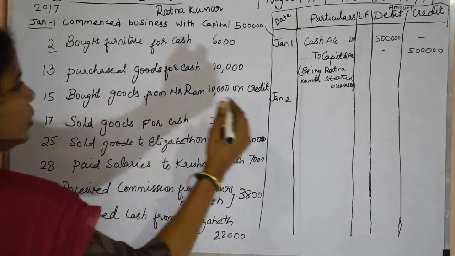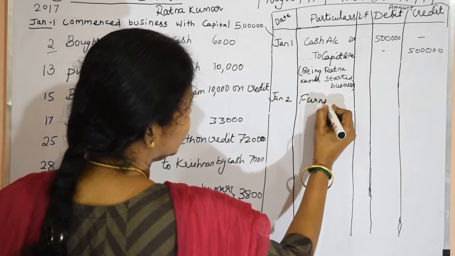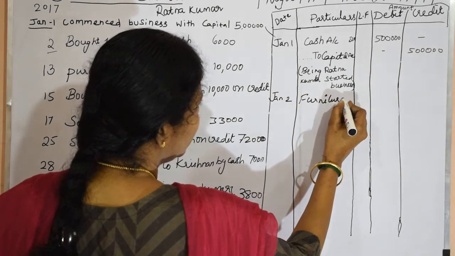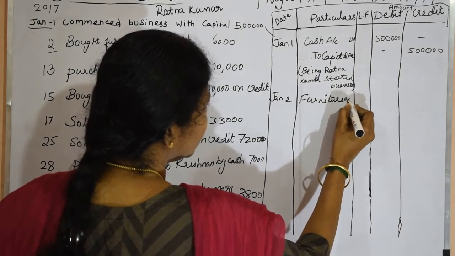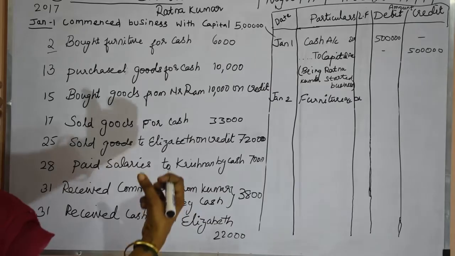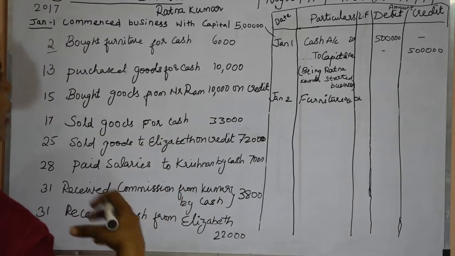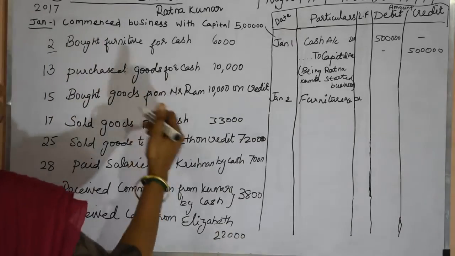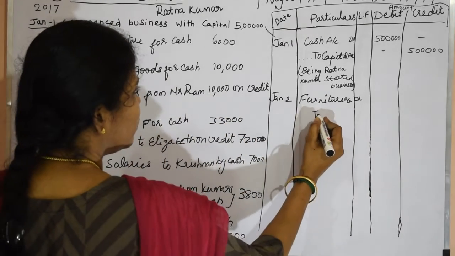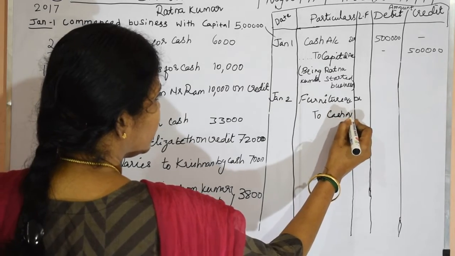So furniture account debtor. The furniture is coming in and the cash we are paying out. So furniture we are getting and cash we are giving, so to cash. Two accounts are involved.